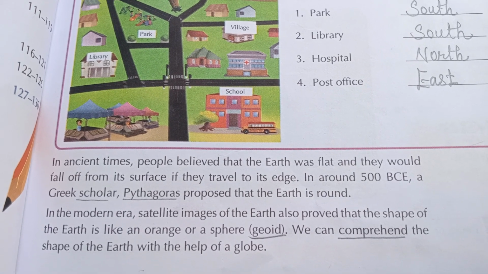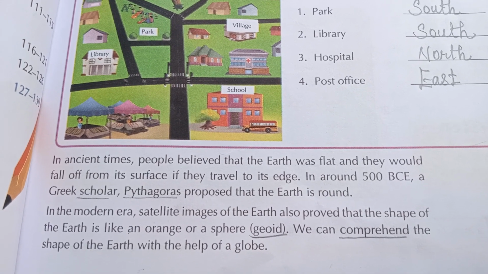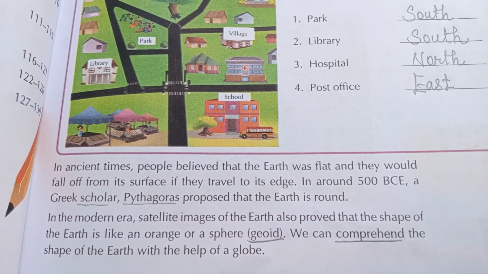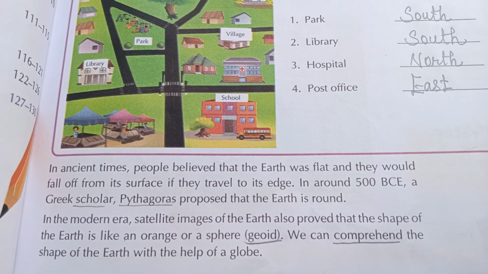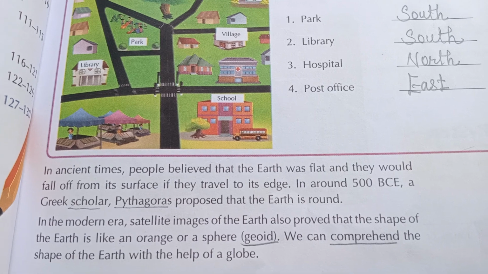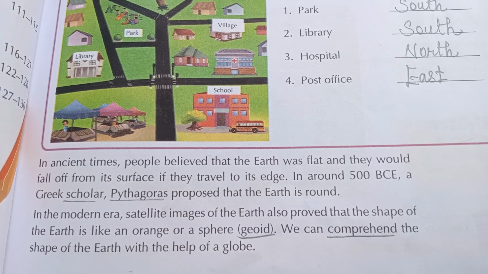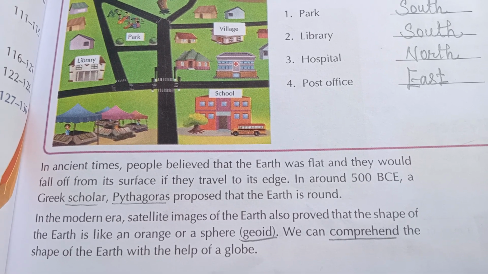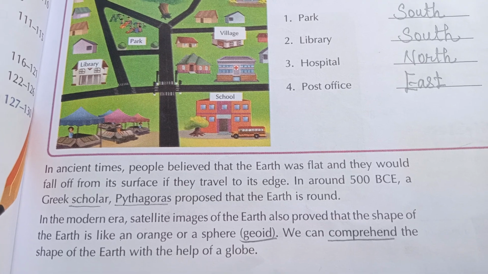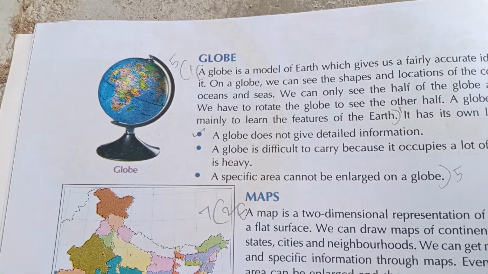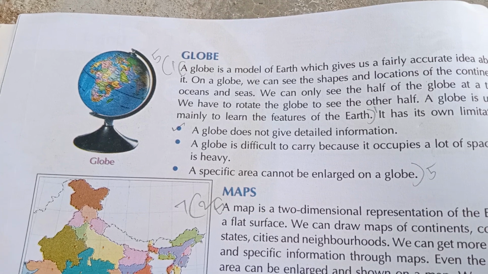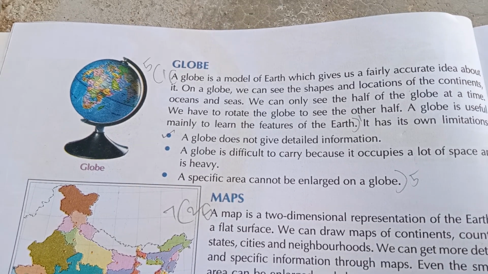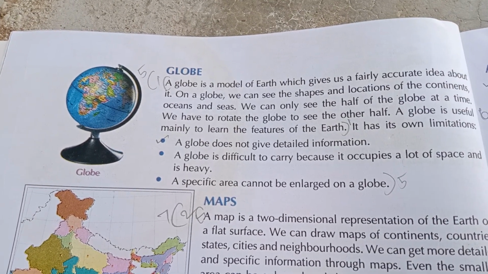In the modern era, satellite images of the earth also prove that the shape of the earth is like an orange or a sphere. We can comprehend the shape of the earth with the help of the globe. Next, globe. A globe is a model of earth which gives us a fairly accurate idea about it.